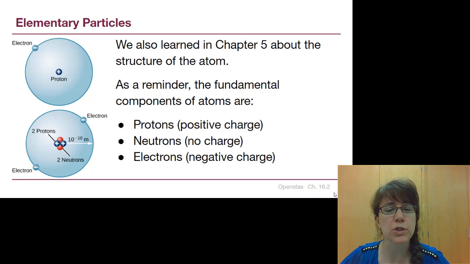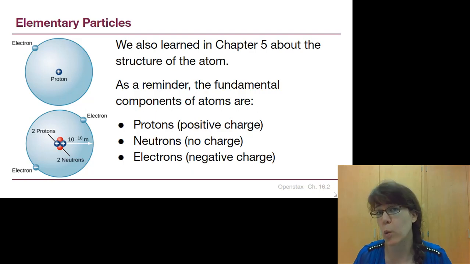And as a reminder, those fundamental pieces that we introduced in chapter 5 were protons, which have a positive charge and quite a bit of mass, neutrons, which have no charge and about the same amount of mass as a proton, and electrons, which have very little mass compared to protons or neutrons, and they have a negative charge.